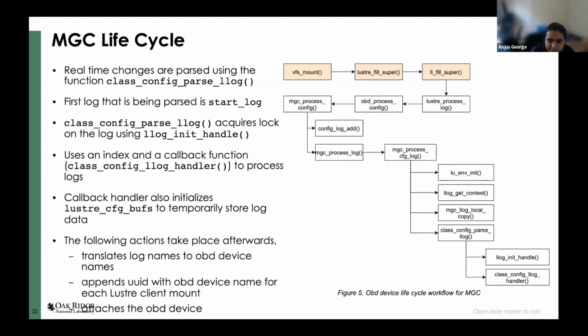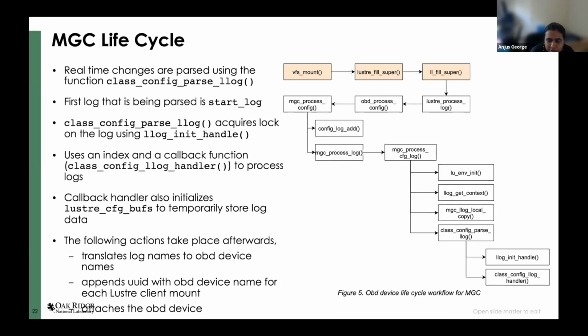First one is an index to parse through the data in the log, and second one is a callback function that processes and interprets the data. The callback function can be a generic handler function like class_config_llog_handler, or it can be customized as well. Additionally, the callback function provides a config marker functionality that allows injecting special flags or selective processing of data in the log.